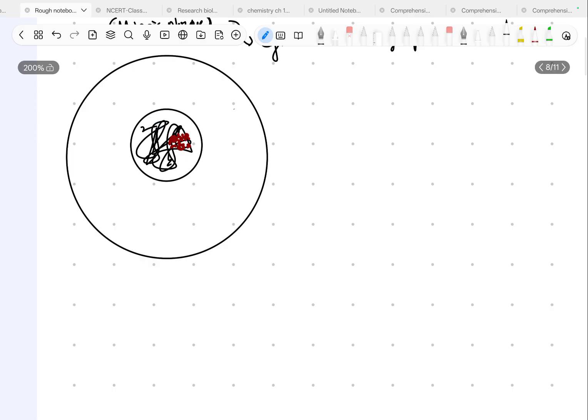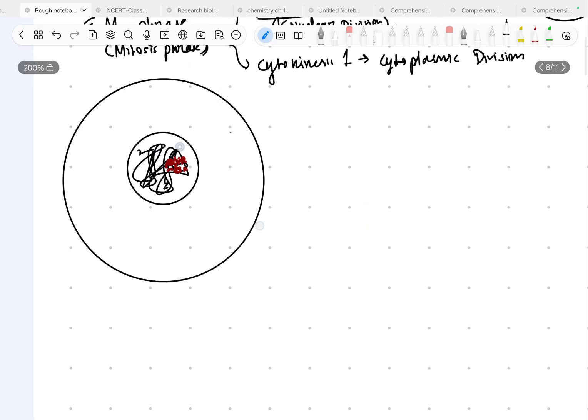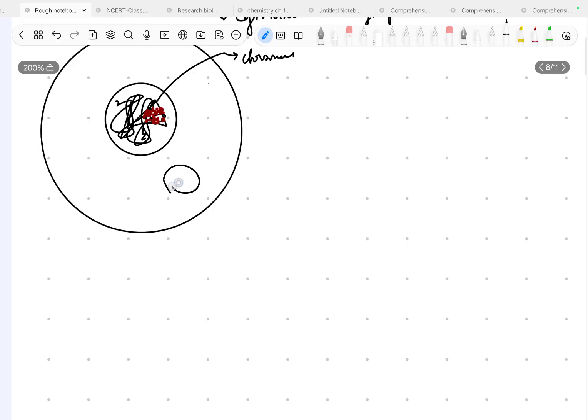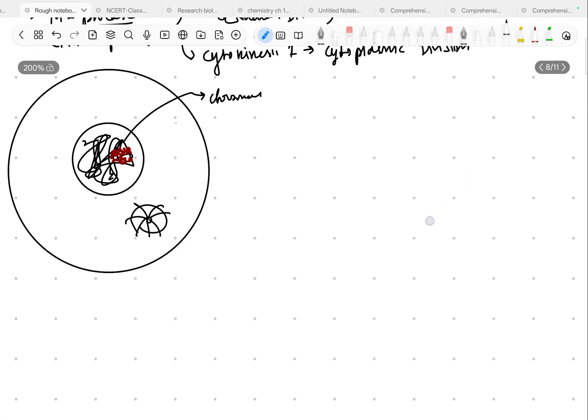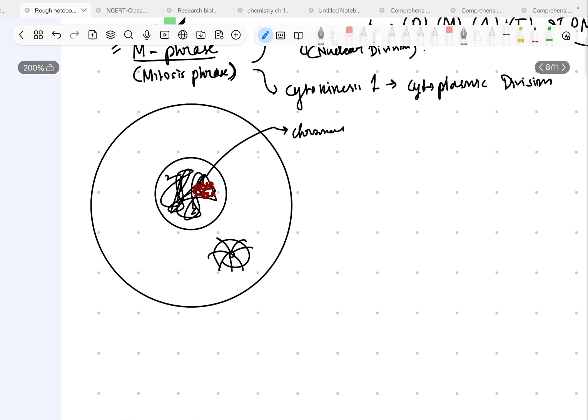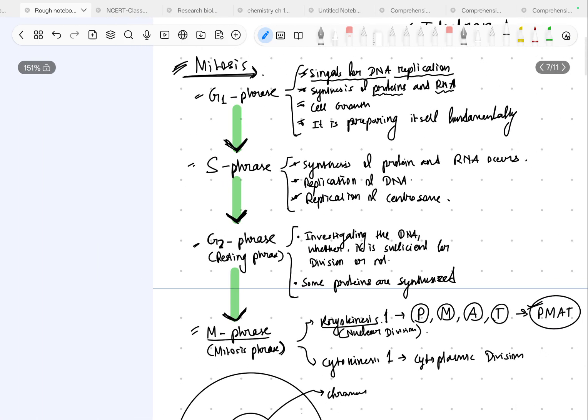Now you will see it is chromatin, and one centrosome is present. This whole thing is the interphase.